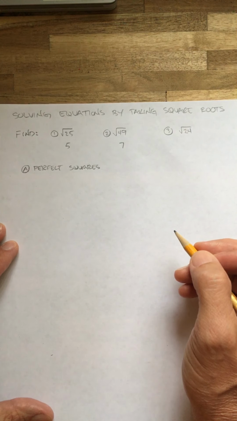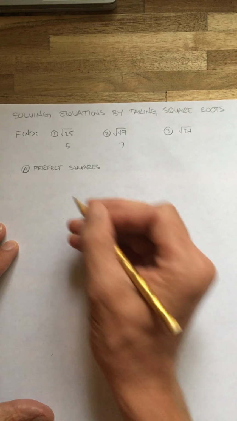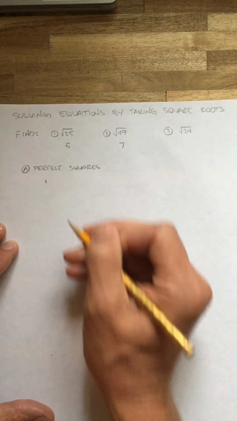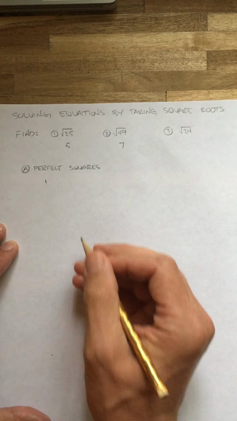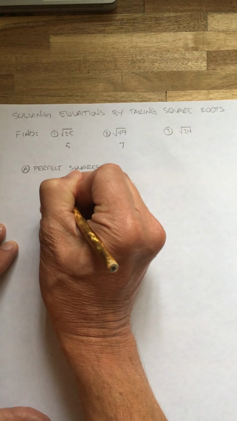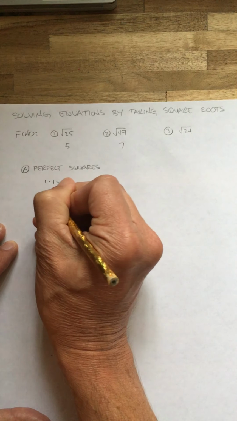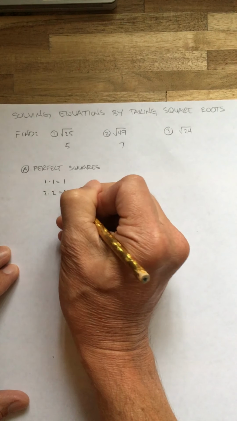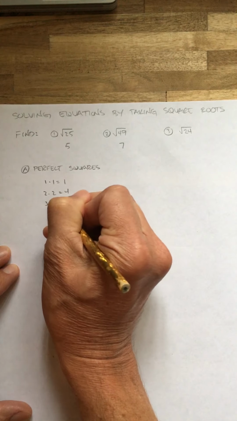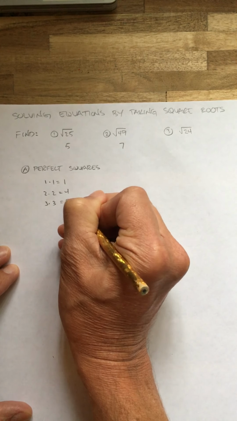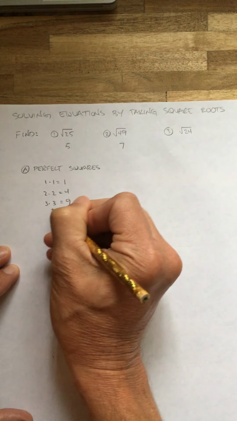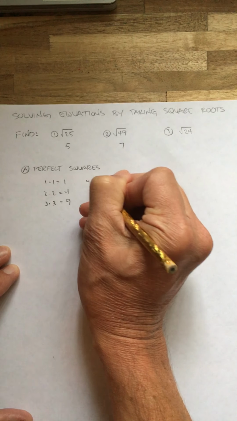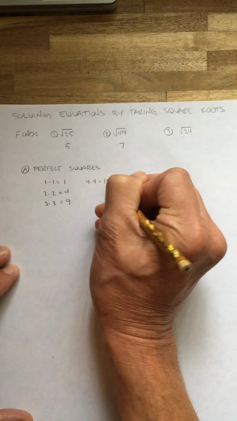So 1 times 1 equals 1. So you can list 1, okay? 2 times 2, that's 4, okay? 3 times 3, 9, okay? 4 times 4, 16.